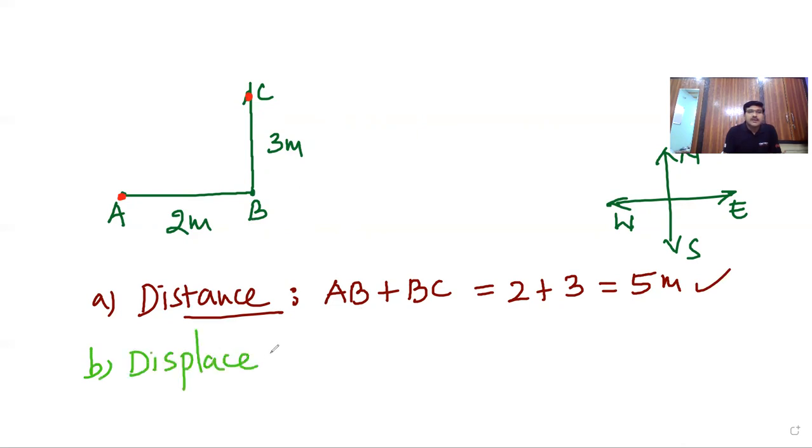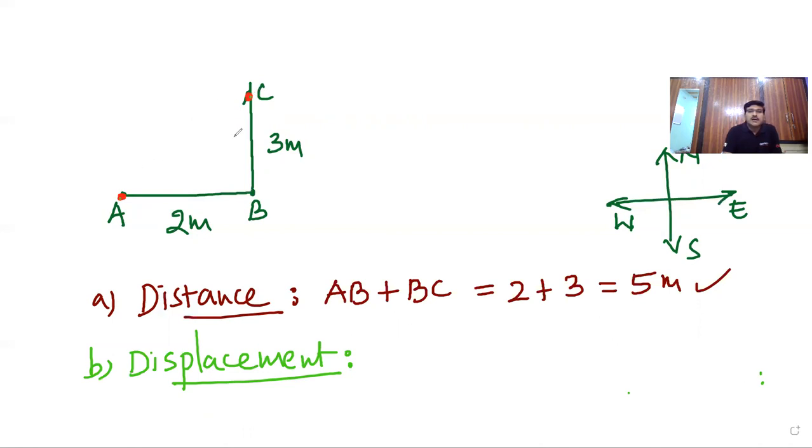What is the meaning of displacement? Displacement is nothing but the shortest distance between initial position and final position. A is initial and C is final.